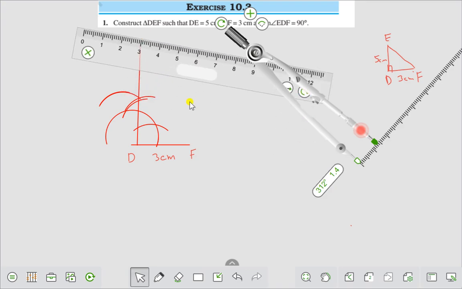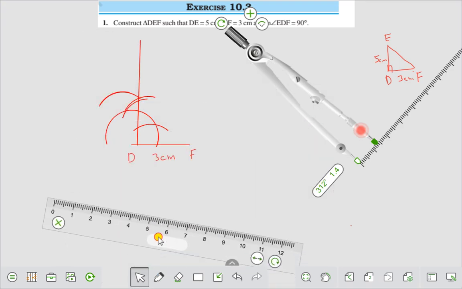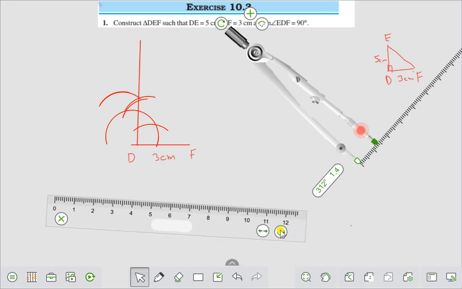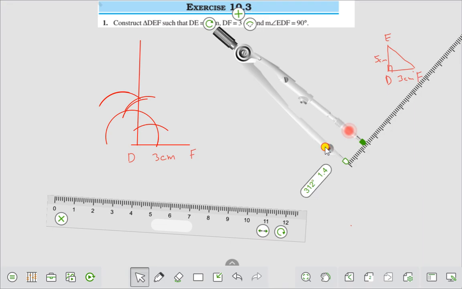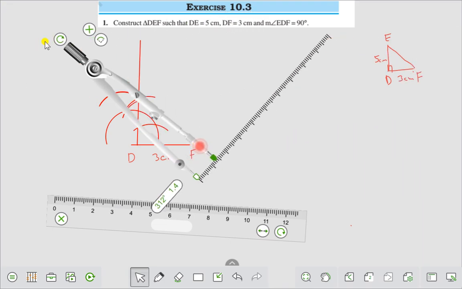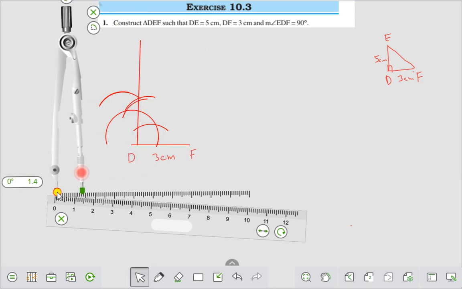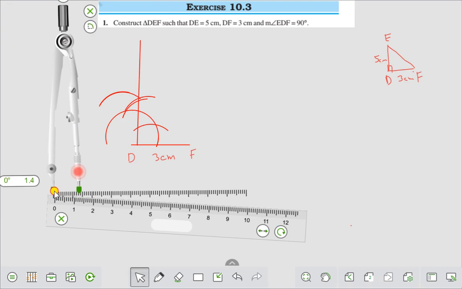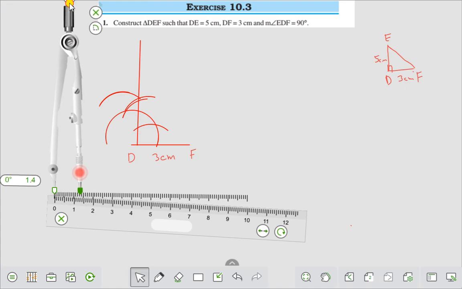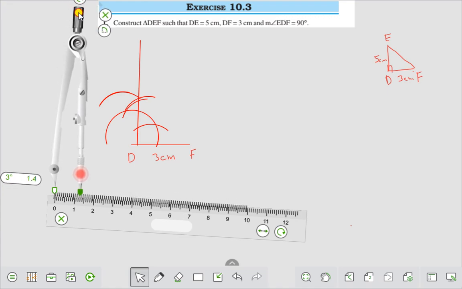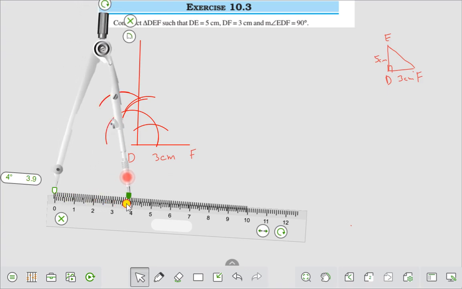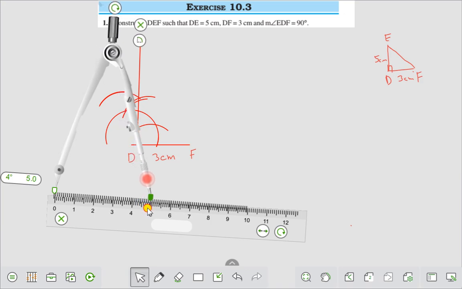Cut a line of 5 centimeters from point D. Let us take this one at point 0 and take 5 centimeters. Right? This is exactly 5 centimeters.